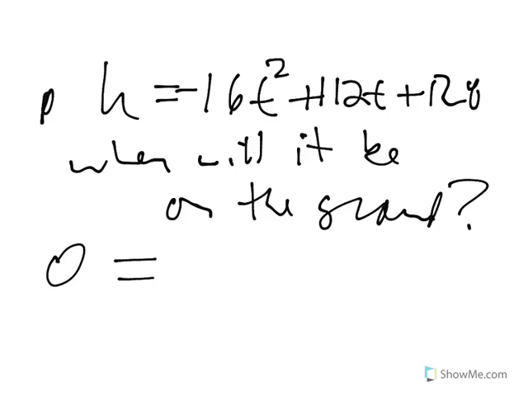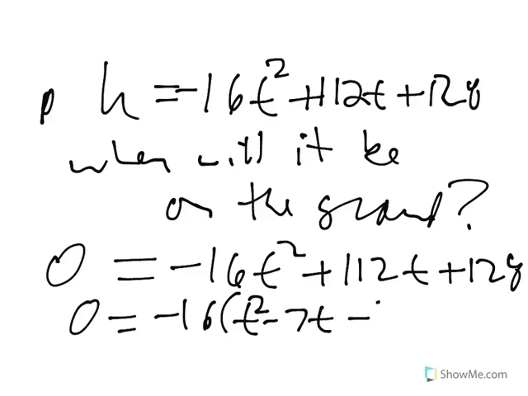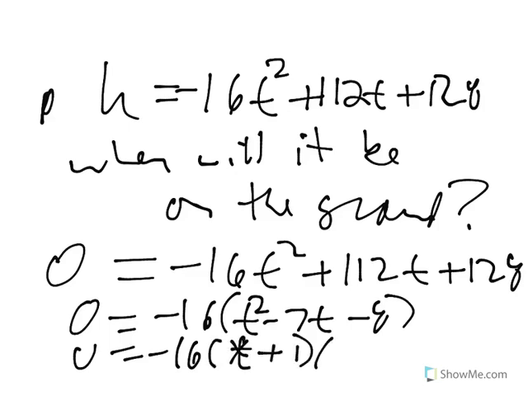For that question, we're asking, when is the height going to be 0? In this case, we could factor out a negative 16 and get t squared minus 7t minus 8, which factors to (t plus 1)(t minus 8), which gives us an answer of 8 seconds.